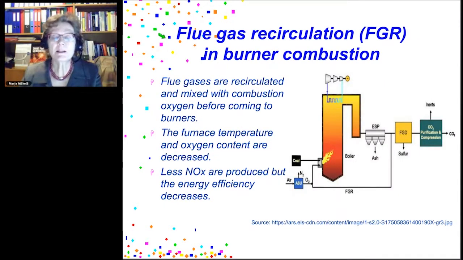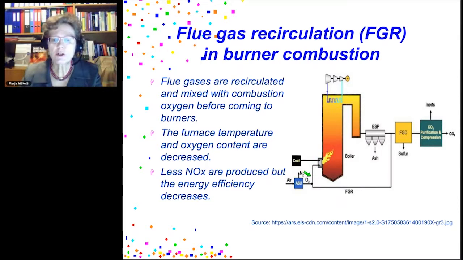Flue gas recirculation can be used to reduce nitrogen oxides. In this example, we have coal as a fuel. It's taken to the furnace together with oxygen.